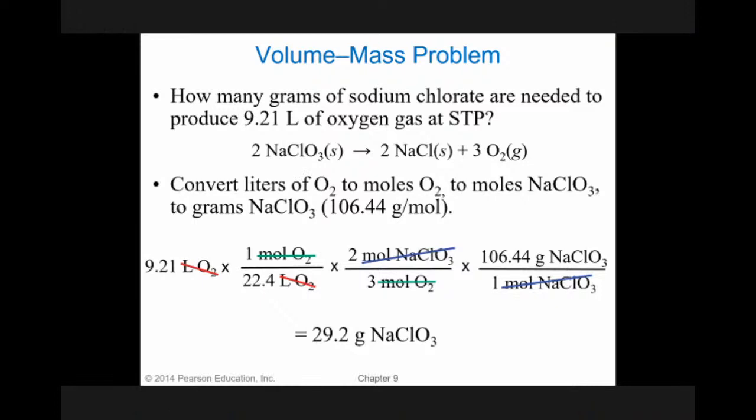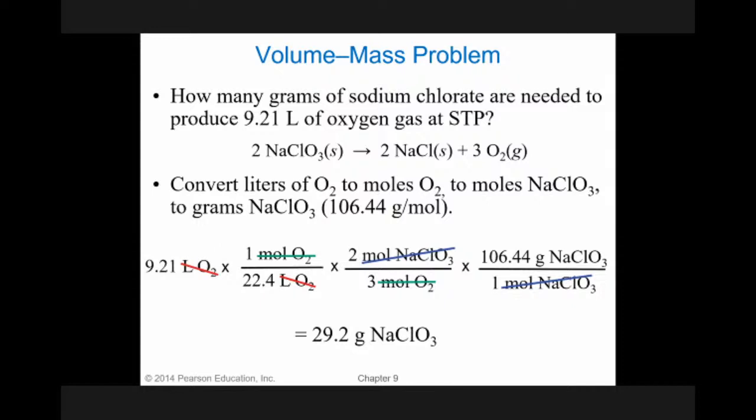So let's say you got a job working for some company, and your manager comes to you and says, look, I want you to make 9.21 liters of oxygen gas. All right? Then you stand right there, scratching your head, and you say, let me go get my aspirin.